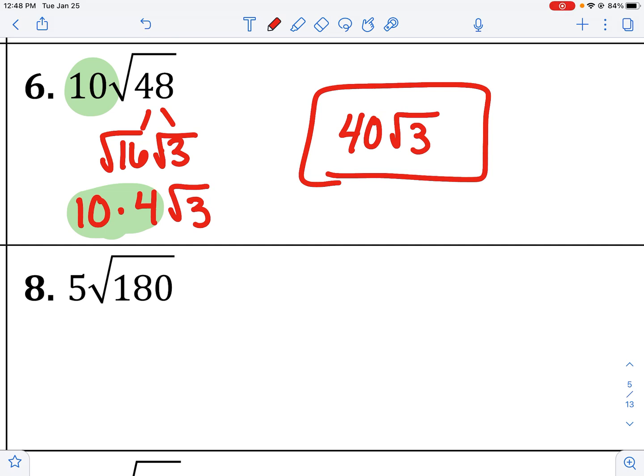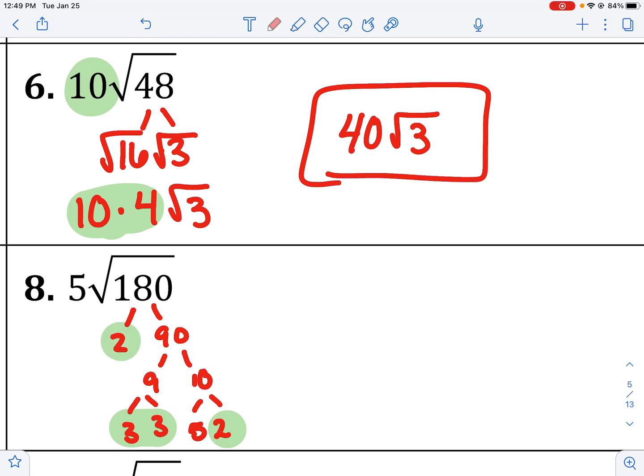Or on number 8, 5 times the square root of 180. And I could do 2 and 90, 9 and 10, 3 and 3, 5 and 2. So my pairs would be 3 and 2.